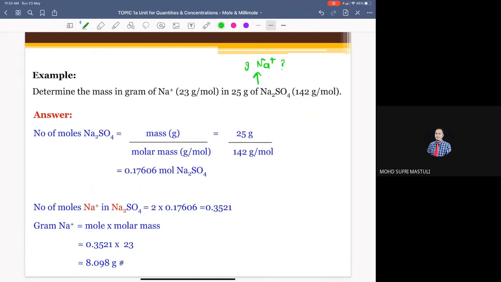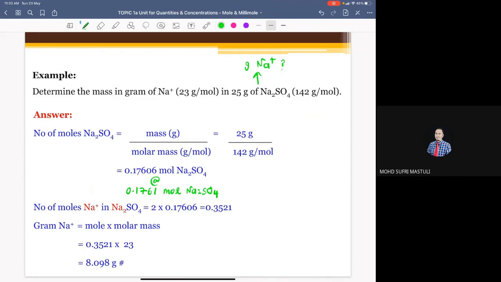You can write it in 4 decimal points. 4 decimal points are also enough, but not less than that.